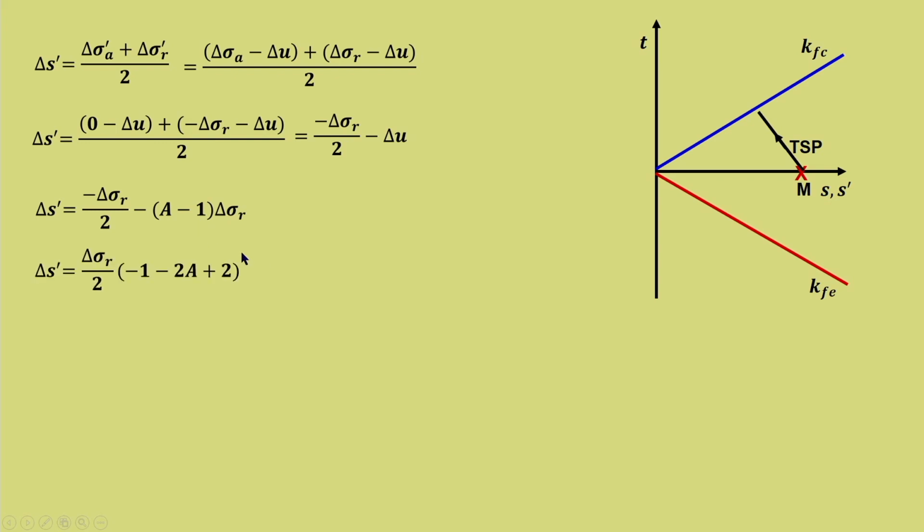So, delta s' is equal to delta sigma R by 2 into minus 1 minus 2A plus 2. So, that is 1 minus 2A. So, delta t' upon delta s' is equal to 1 by 1 minus 2A, the same expression. So, this is the effective stress path, and if A is varying, then non-linear.